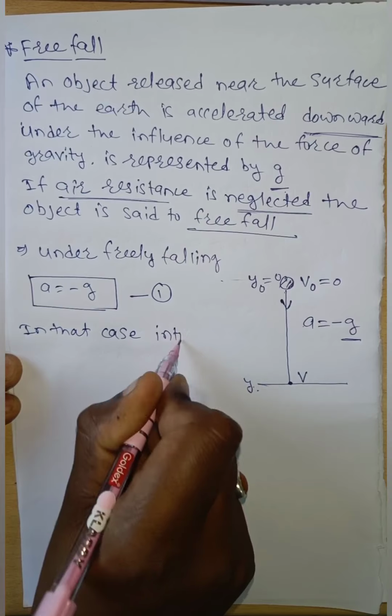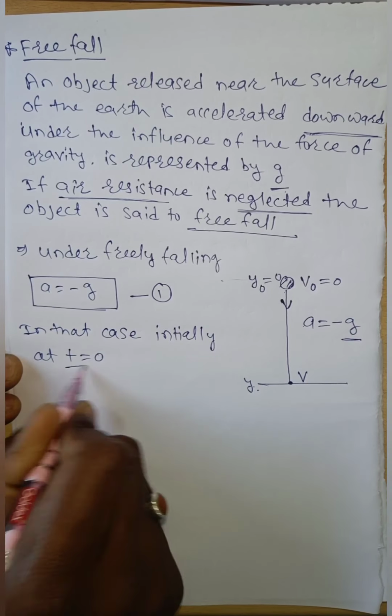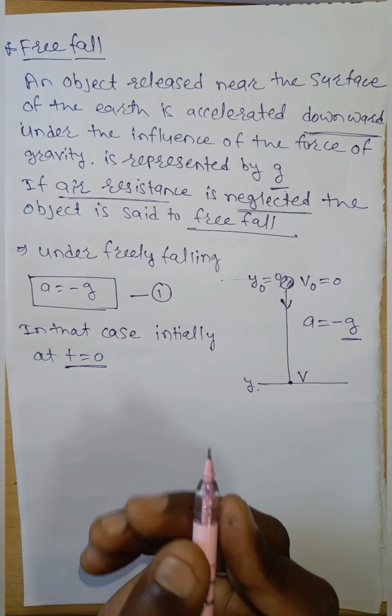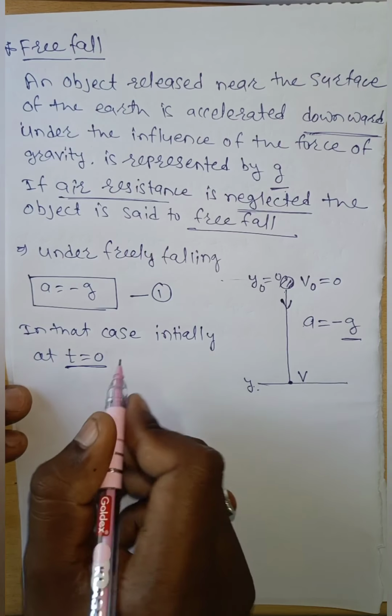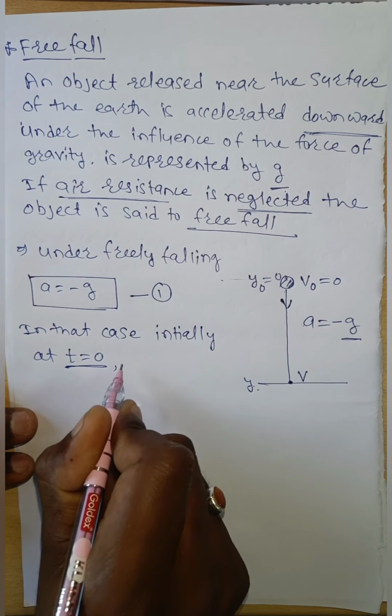Initially, at t is equal to 0, means initially the time t is equal to 0, we release the ball at t is equal to 0.